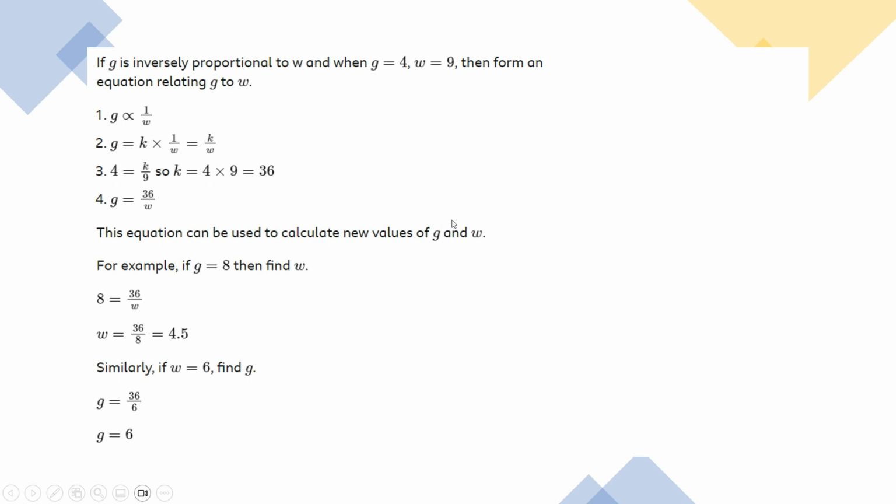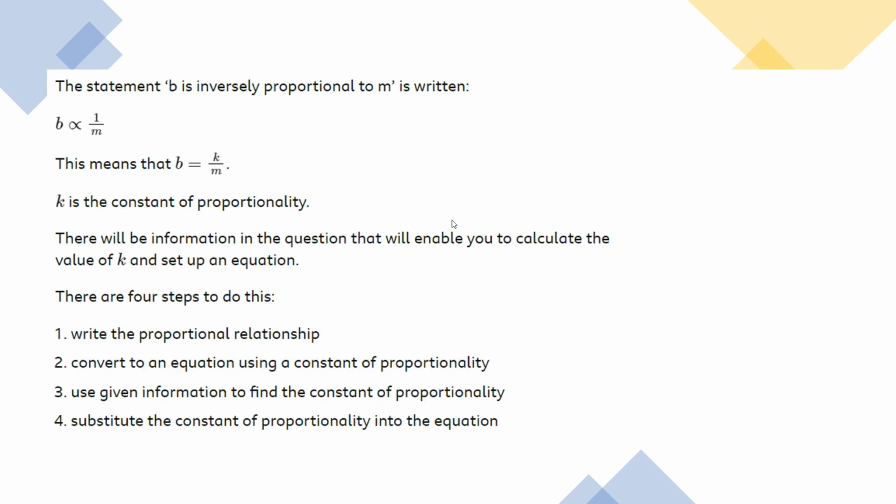So as you can see, inverse proportion is given by 1 over the dependent variable. So let's say B is inversely proportional to M, then B is proportional to 1 over M. Okay, now as we have seen, if you remove the proportionality sign or operator, you have to replace it with equals and a constant.